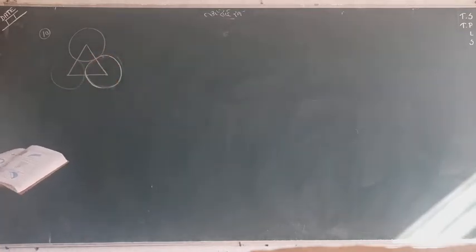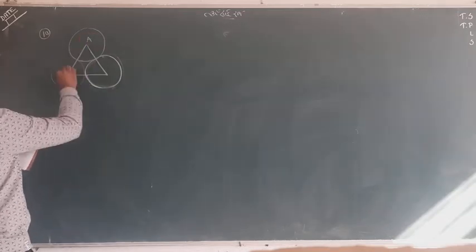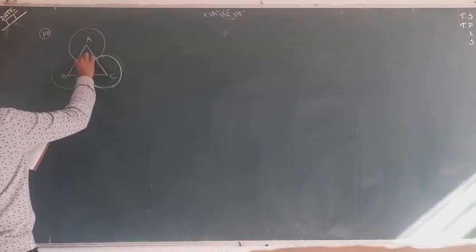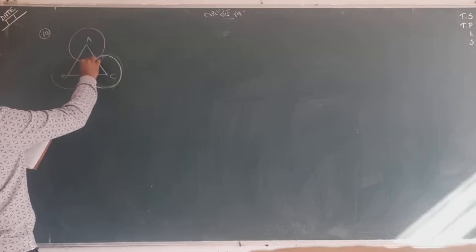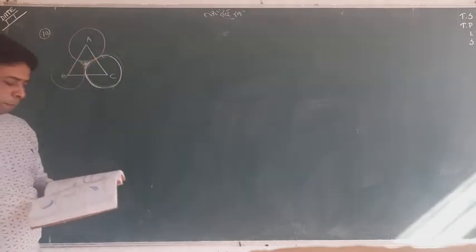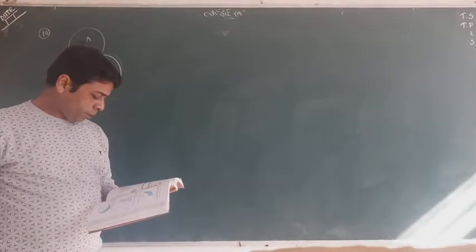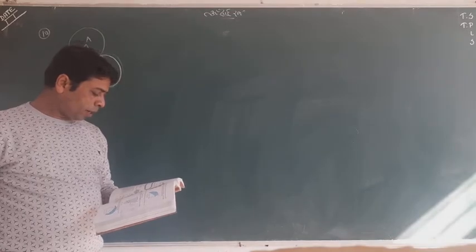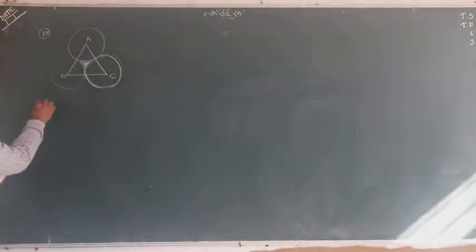The figure is just like that. It is ABC. And we want to find this particular middle region. The area of the equilateral triangle is given.